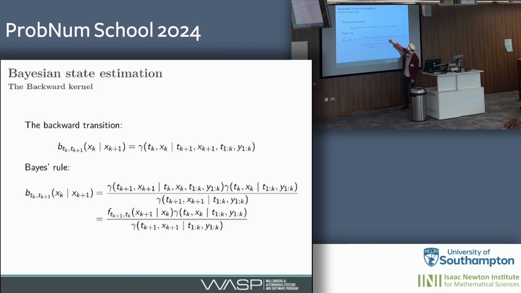So that's how this thing simplifies. And then I just divide by the one step ahead prediction. So this is just Bayes' theorem. And now this backward density just depends on the filtering density, the prediction density, and the transition density. And we have recursions for these.